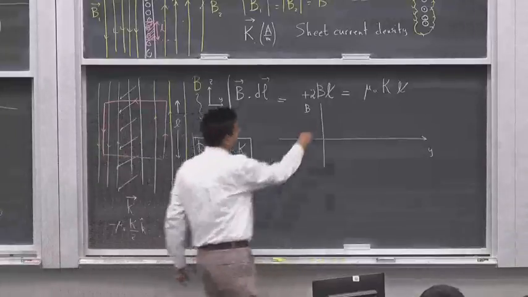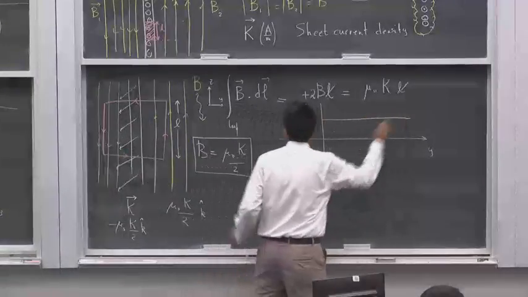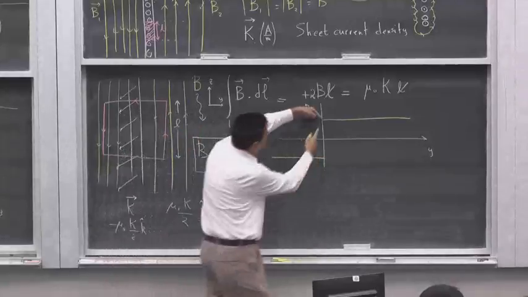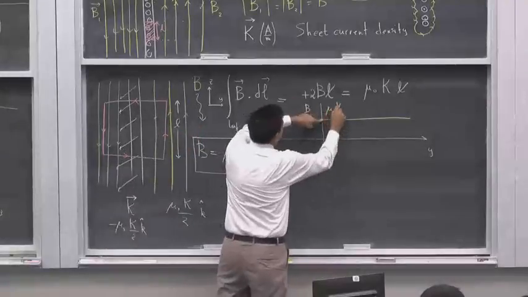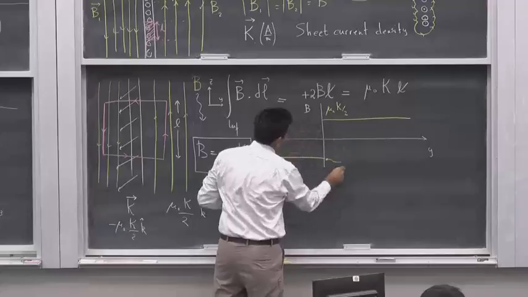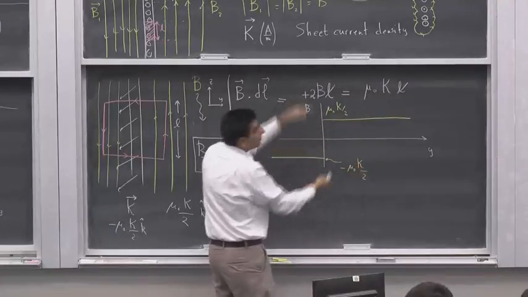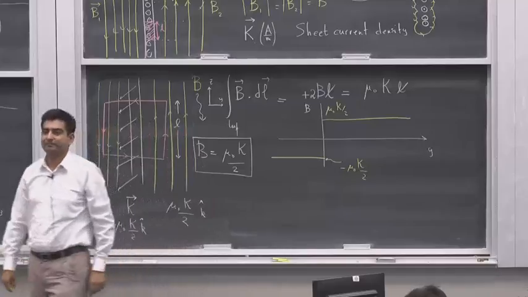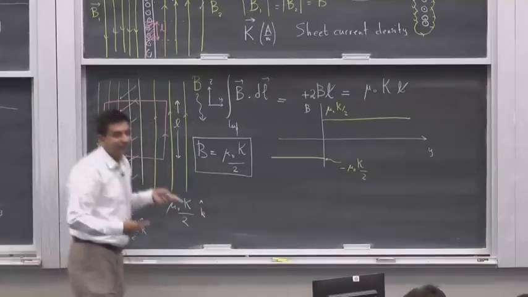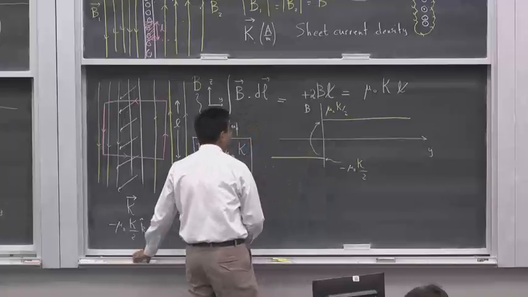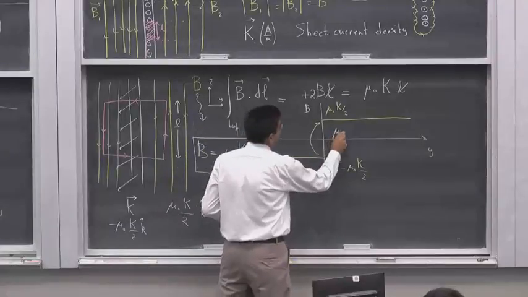Here the field is positive, which is in the upward direction. Here the field is negative, and this point is mu naught K over 2, and this point is minus mu naught K over 2. And there is a discontinuity in the magnetic field, and the amount of this discontinuity, this jump, is simply mu naught K.